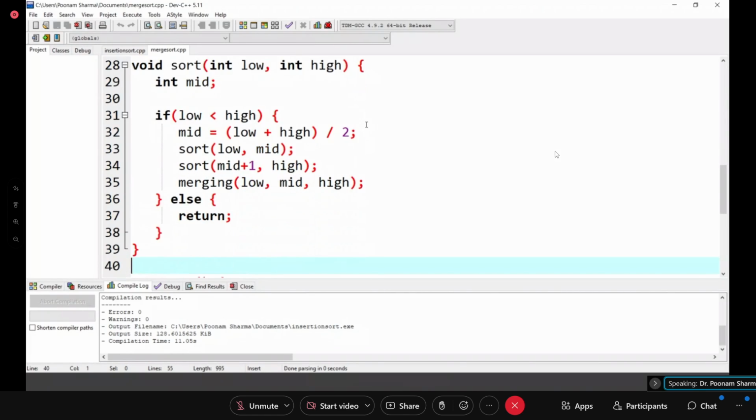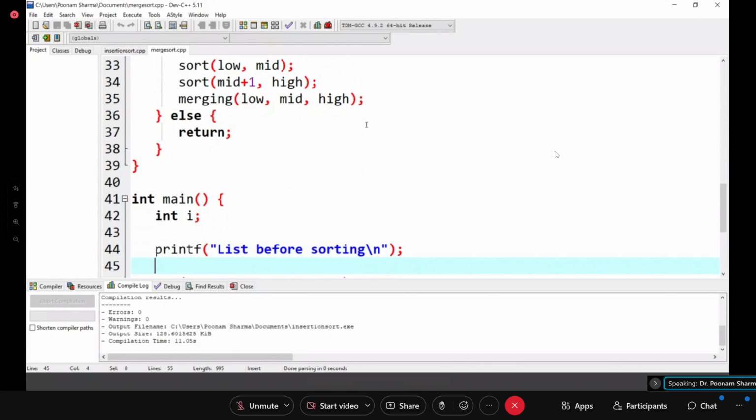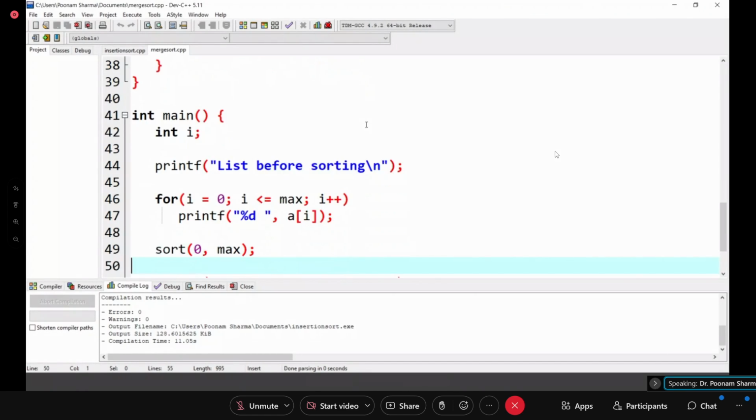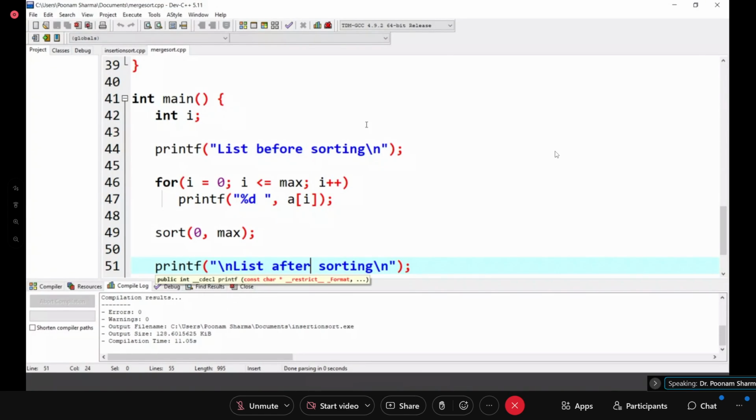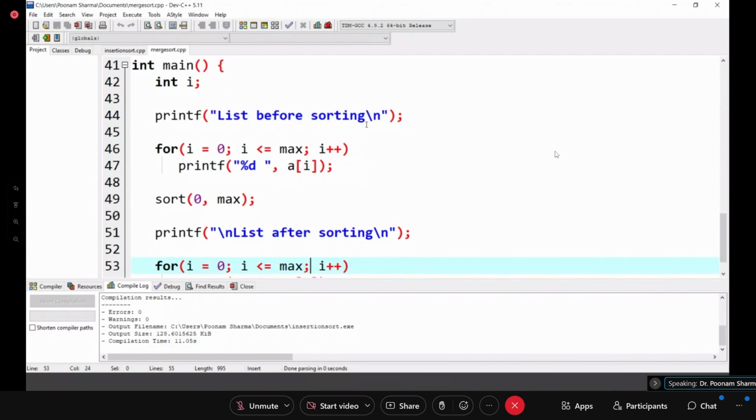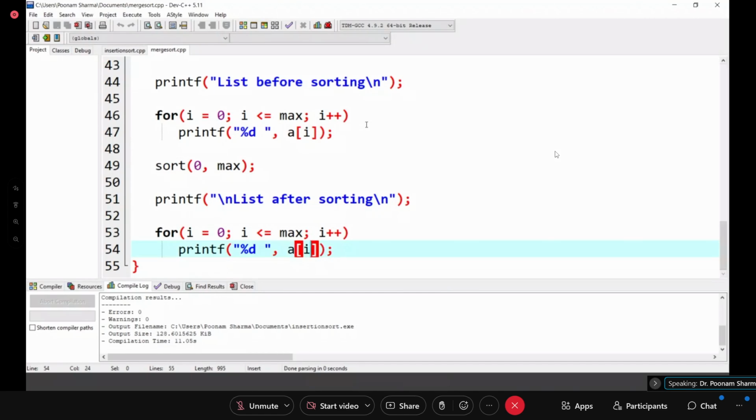As I said, two things will be required. One is the sorting part and the other one is the merging part. And here we are calling both the functions. If you see here, we are calling the sort function, because for each case you will require sorting as well as merging, right?